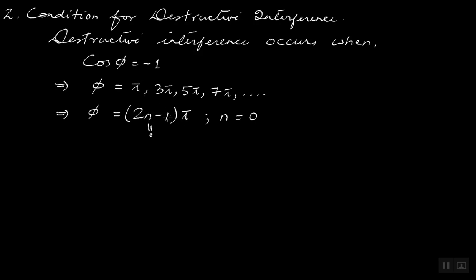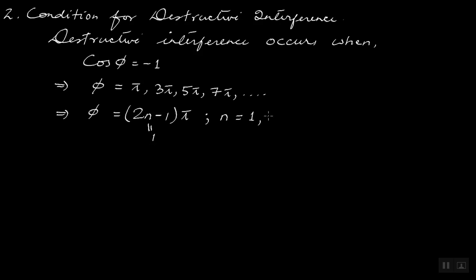It doesn't start from minus pi, it starts from pi, right? So how do you get this first one, pi, out here? By putting n to be equal to 1. If you put n to be 1 out here, you will get 2 into 1, which is 2. 2 minus 1 is 1, 1 into pi, pi. So you're getting the first one. So therefore, the first value of n here is 1, not 0. Right?